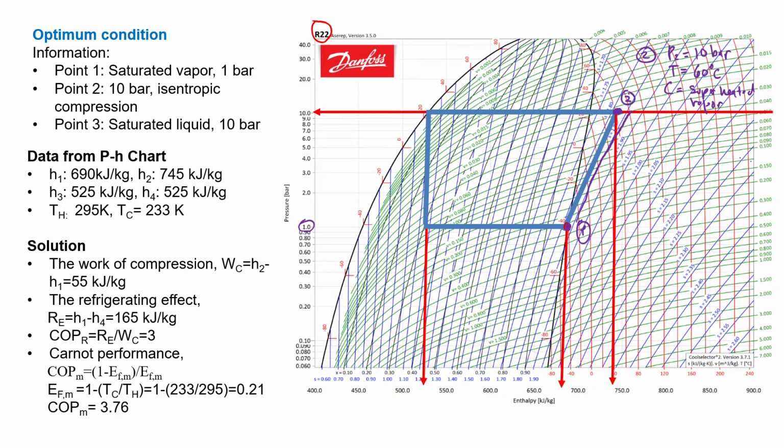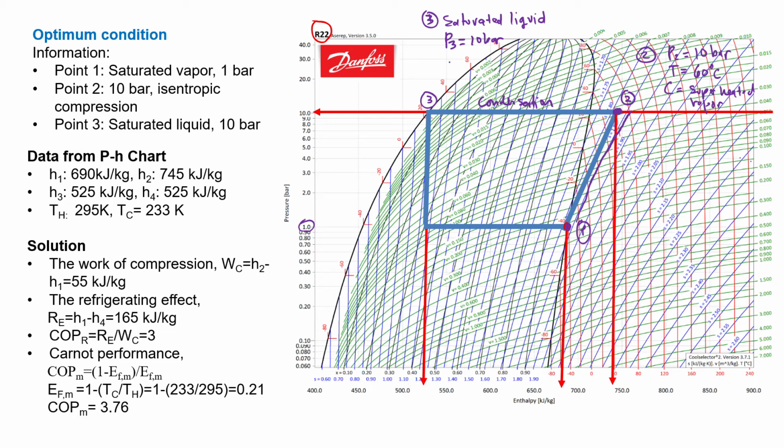So next we go to point 3. So we have condensation. In the condensation, it goes to the saturated liquid. So point 3 is saturated liquid. If you ask what is the pressure, it's given in the problem. So P3 is equal to 10 bar.